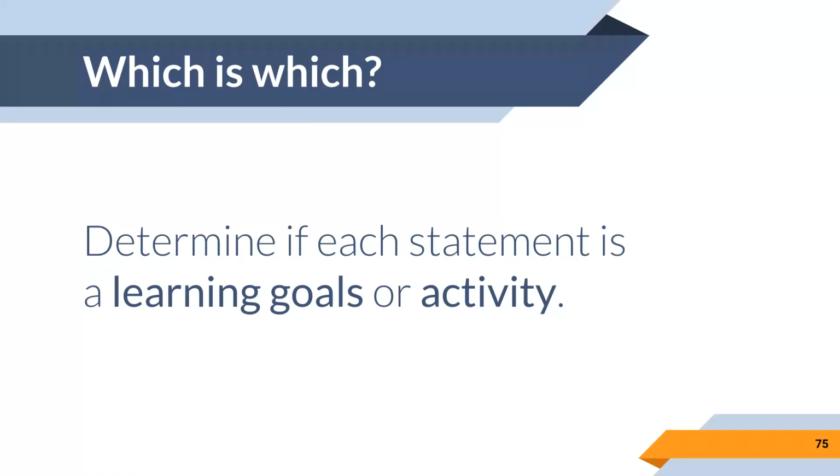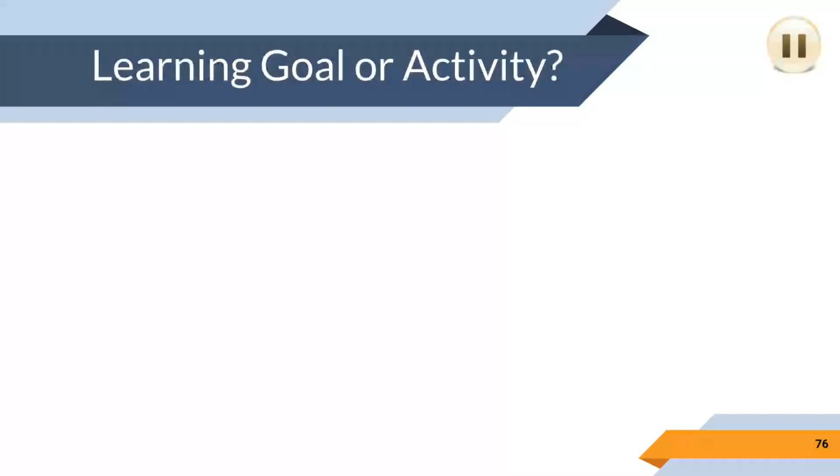Let's practice telling the difference between learning goals and activities. You'll determine if each statement is a learning goal or activity. Take a look at each statement that appears on the screen. Discuss with your group whether this statement describes an activity or learning goal. You can pause the video to allow for discussion.